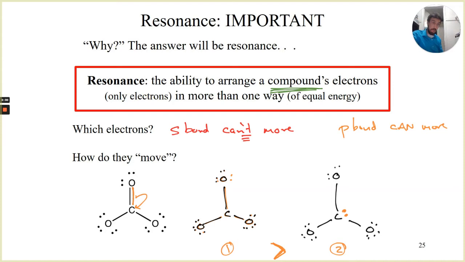Electronegativity is effectively a law, and we don't want to break that law. So much so that structure 2 doesn't happen. That doesn't make any sense. So when we're moving our electrons, we do want to move them around, but we want to move them according to principles of electronegativity.